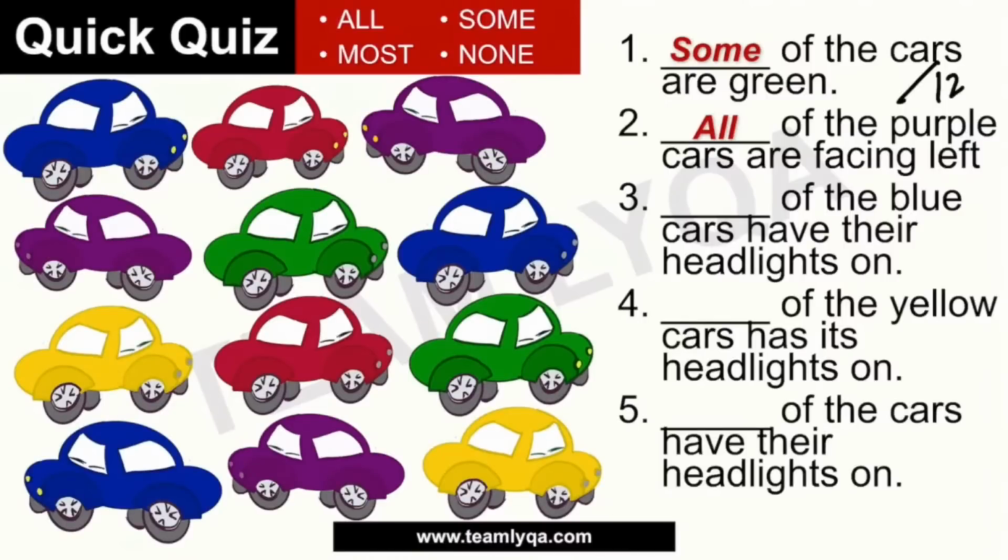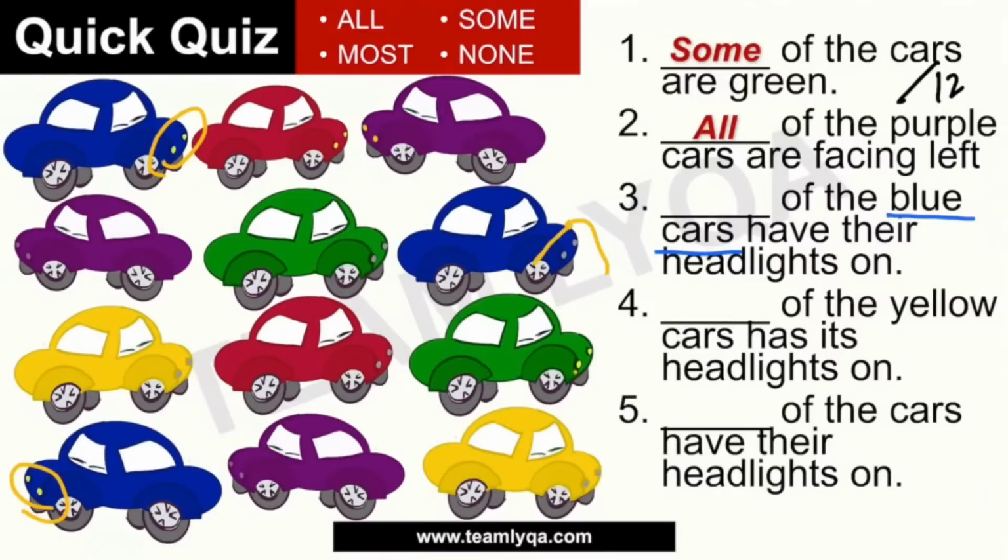Now, number 3, sabi, blank of the blue cars have their headlights on. Now, dito na kailangan yung mga matanglawin dyan. Kasi makikita natin, may mga ibang kotse na nakabukas ang ilaw. Naka-yellow yung kanilang headlights, like this green car right here. Kaya lang, pinag-usapan natin is yung mga blue cars. So, ilan sa blue cars ang nakabukas ang headlight? Okay? We have 1, 2, nakabukas.